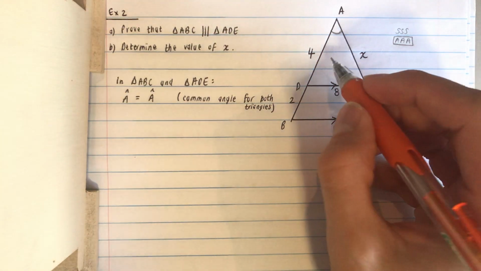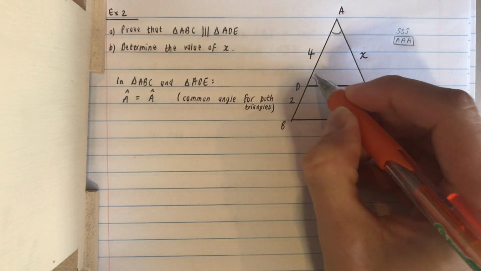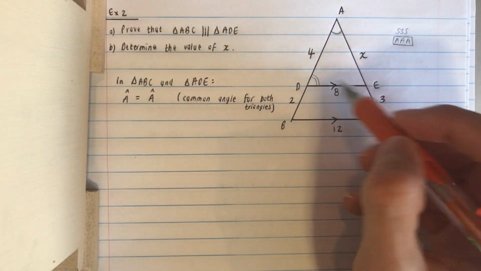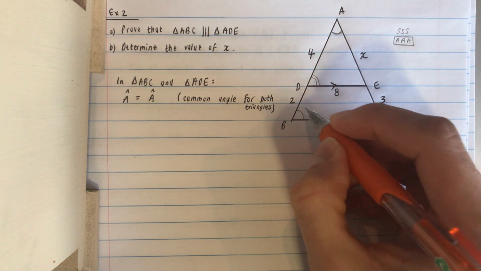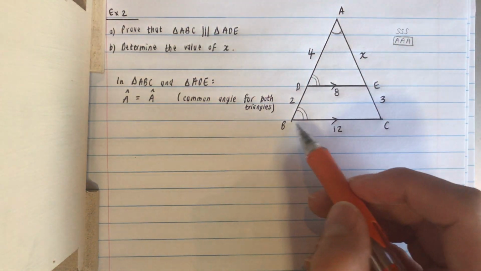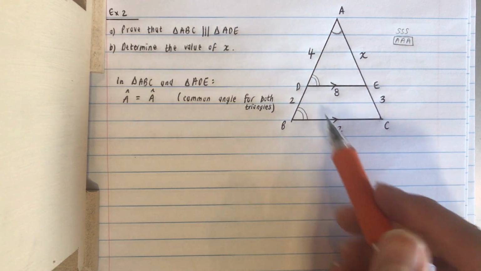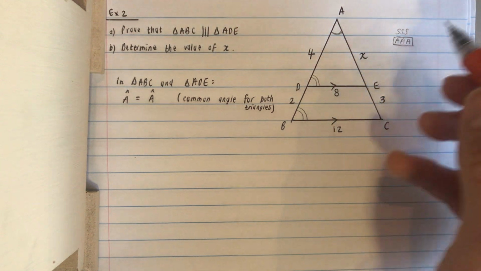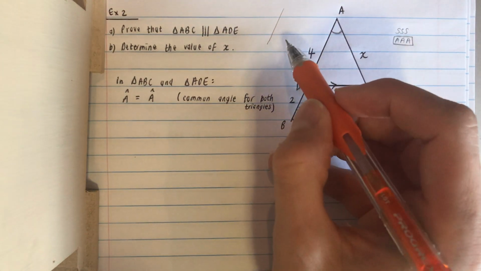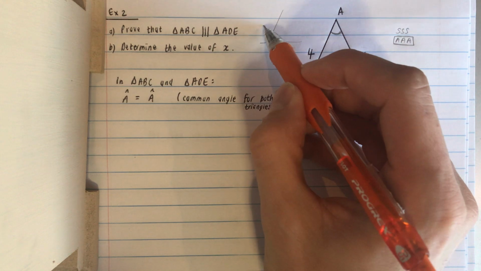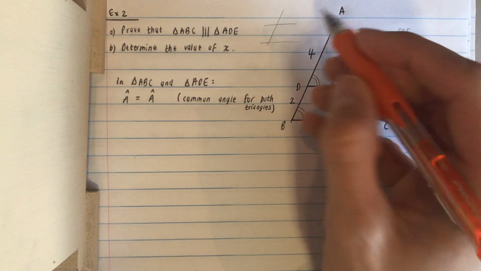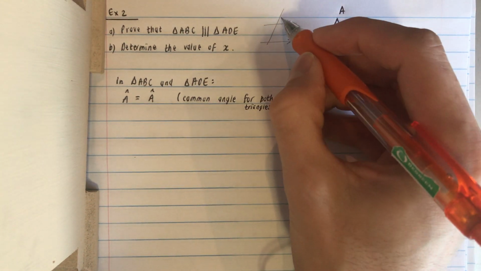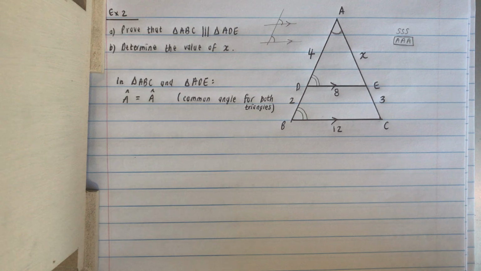Now, what about these two angles here? Have a look at these two. This one here, angle ADE, so it's for the smaller triangle. Won't this be the same as this angle here, angle ABC, for the bigger triangle? Because if you think of your parallel lines, if you have a situation where you have this is like an upside down F, and if these two lines are parallel, then these angles must be the same.